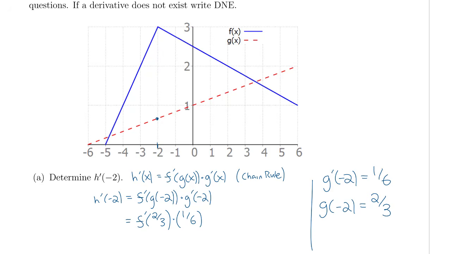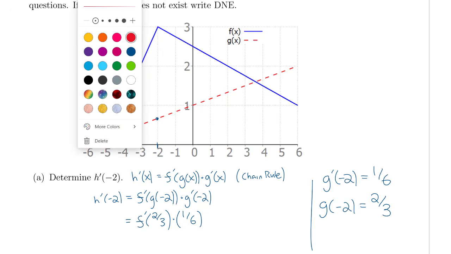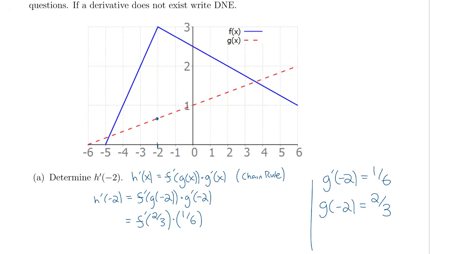So f prime of 2/3 is the slope of the line at x equals 2/3. Going to 2/3 and looking at the blue line, it's the slope of that corresponding line. We already determined that that was negative 1/4 in the previous lecture, so again, check out the video lecture for this problem for section 4.3.